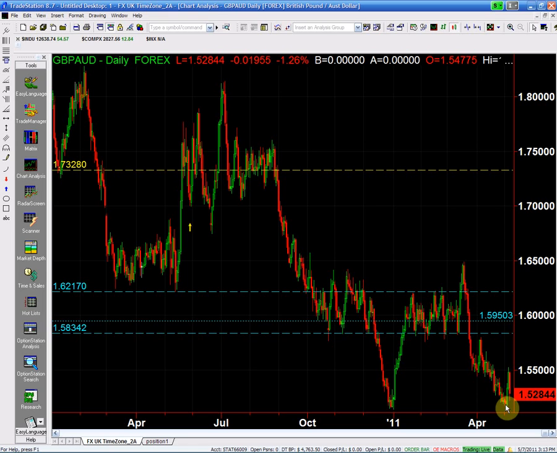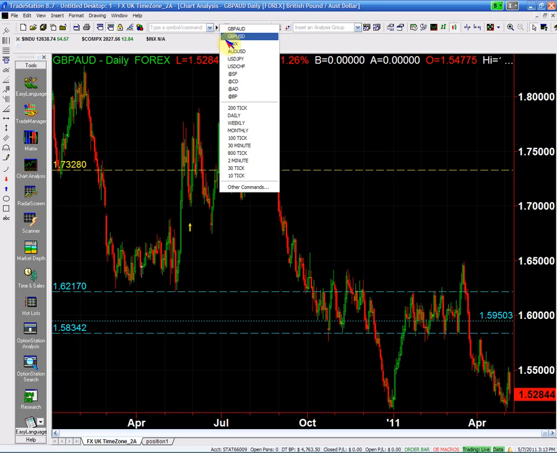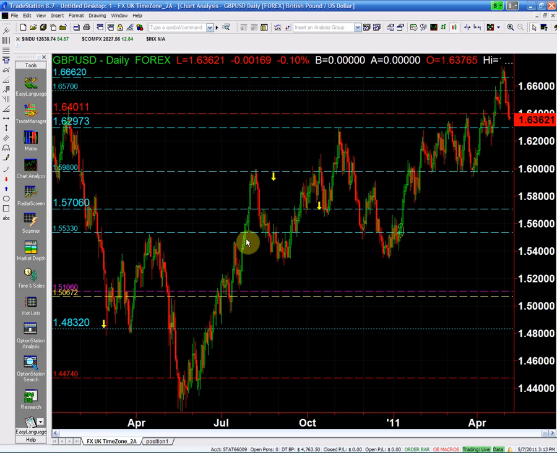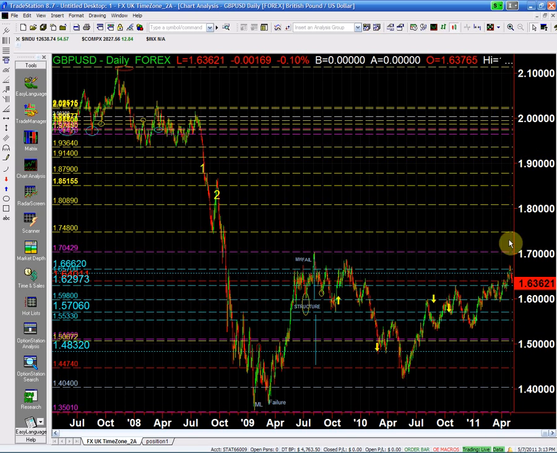See how this is the low, the lowest point in history between the British pound and the Australian dollar. If you look at the pound dollar, this thing was going up above the 162.66. This has been in a major move to the upside.